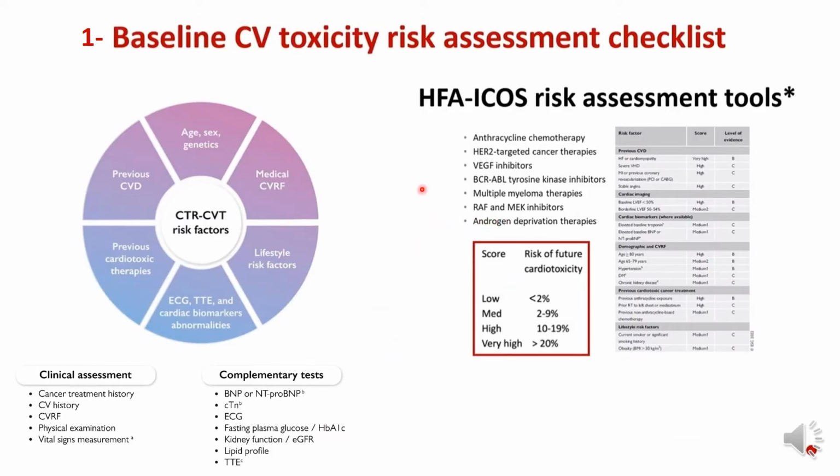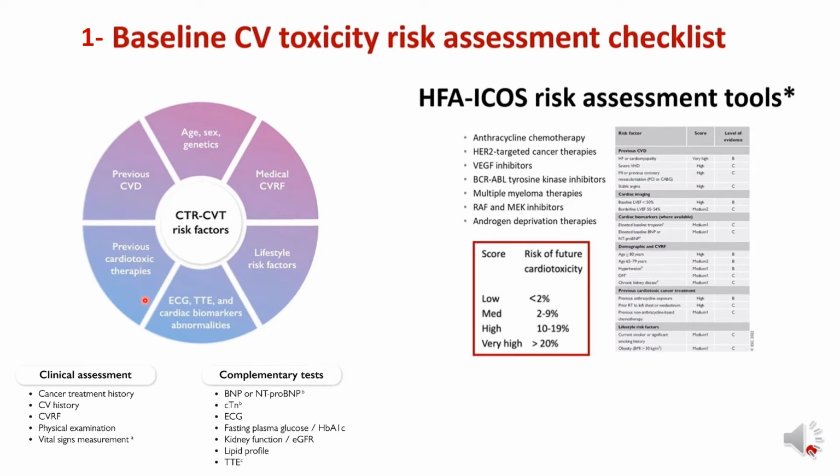Now we start with the first station, as we discussed, the baseline risk assessment. This includes a brief history of clinical risk factors, symptoms of cardiac or non-cardiac disease, history of any previous exposure to cardiotoxic drugs and the doses and types of these drugs, and whether the patient developed any cardiotoxicity before.